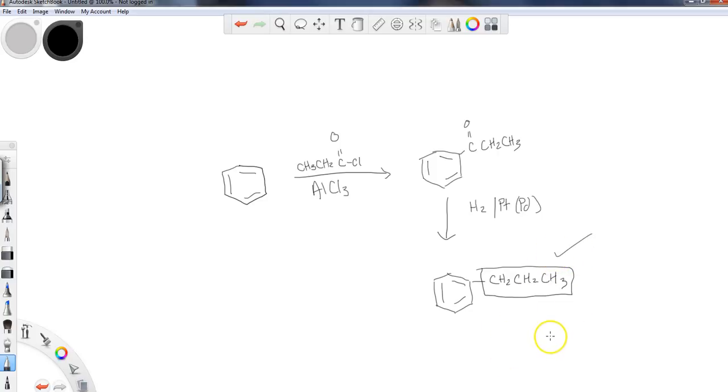And so this right here is an example of how I could get the propyl group on here without having to worry about that rearrangement that I would find with the alkylation. So very important note that you can do a reduction here, right? I can reduce my C double bond O group into CH2 and continue onwards from there if I'd like that alkyl group. So very nice reaction.